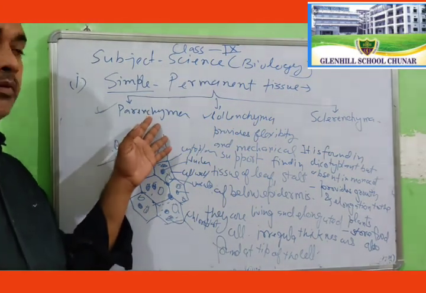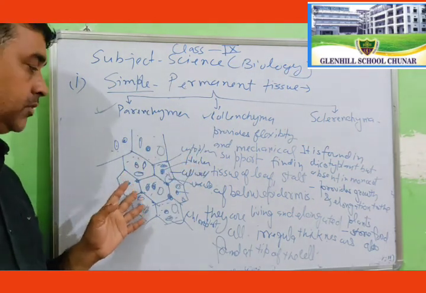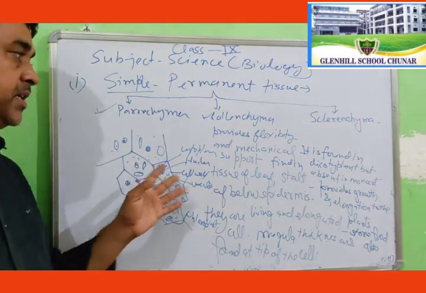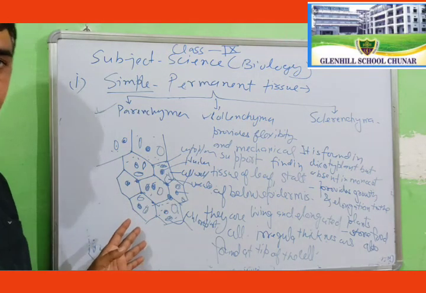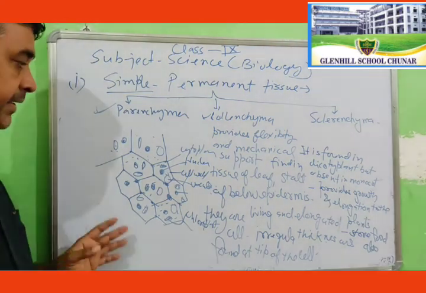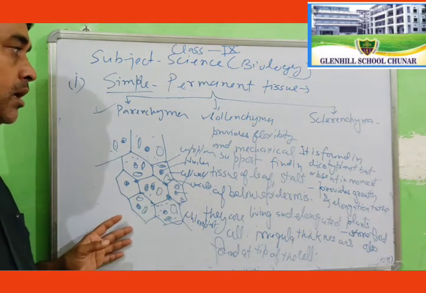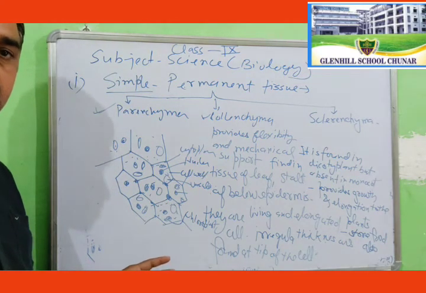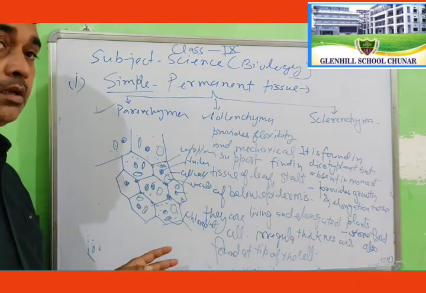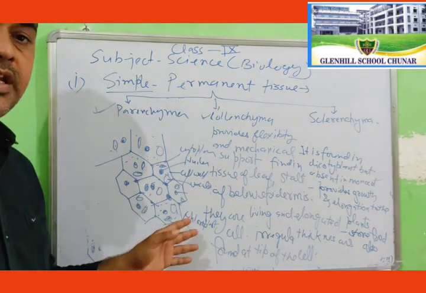But parenchyma cell wall is very thin and collenchyma cell wall is very thick. Intercellular space is much more found in the parenchyma but absent in the collenchyma. Okay, so parenchyma is found in plant organs, root, shoot, stem, flower, and collenchyma is found only in the stalk of the leaf, below the epidermis cell, and in the leaf.